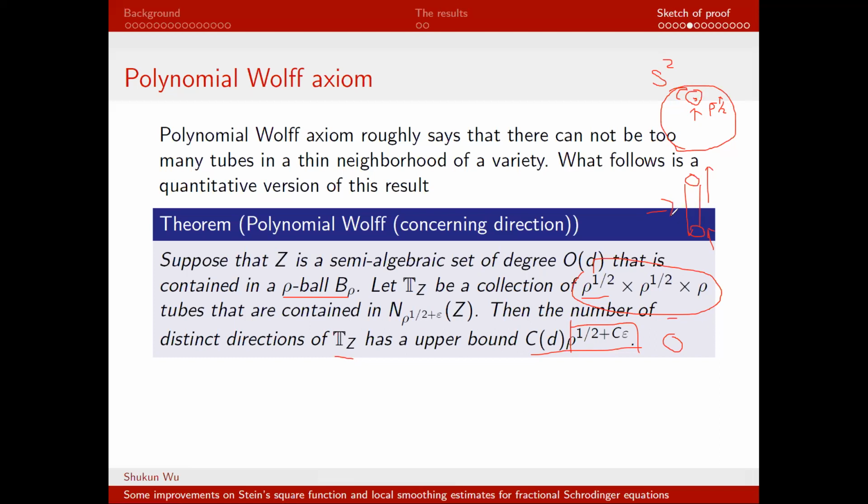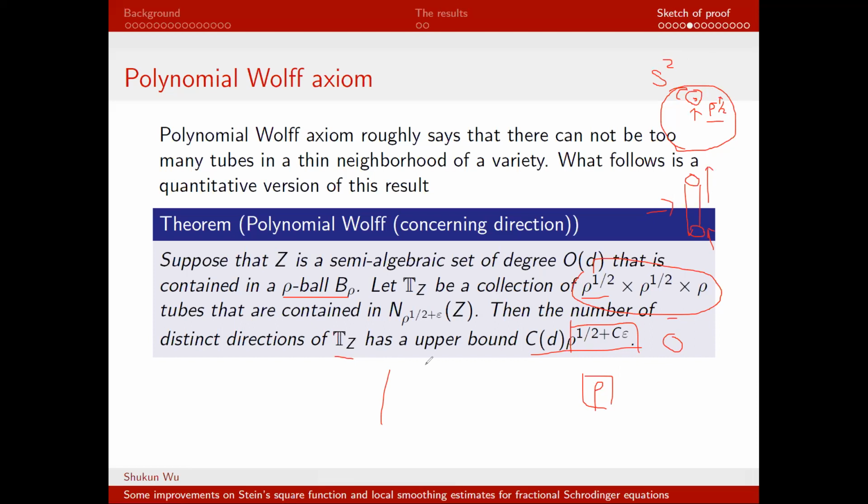And as you can see from its definition, if we just consider all the collections of tubes like this, then the possible number of directions is just rho, because the unit sphere contains rho many caps of radius rho to the negative half. So the polynomial Wolff axiom basically says that when you restrict all those tubes inside the same neighborhood of a variety, then the possible number of directional sets is severely reduced to rho to the half.